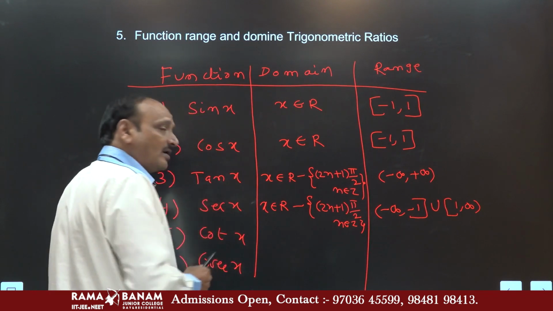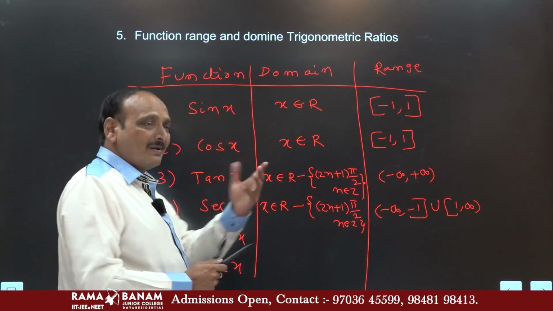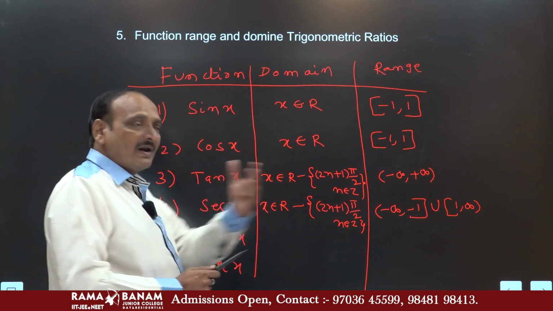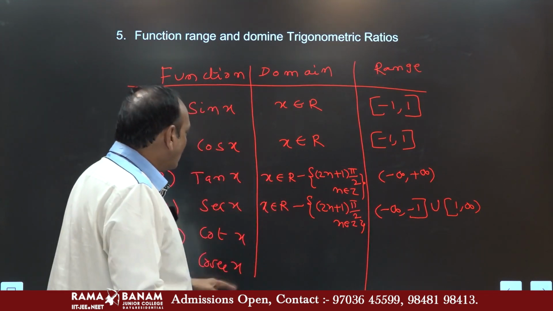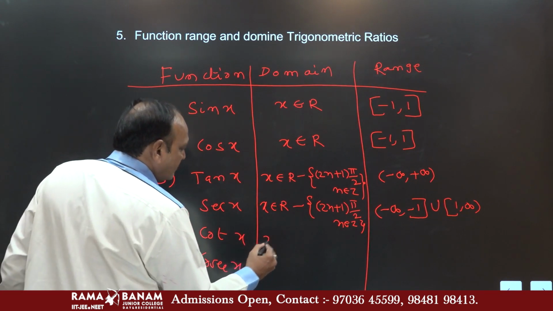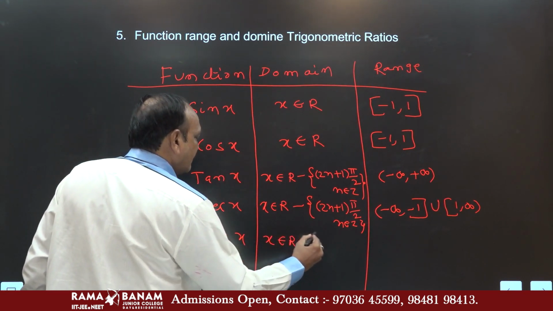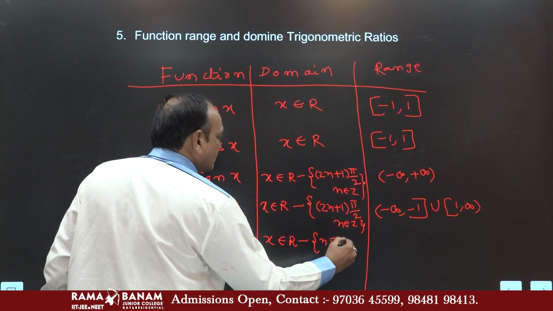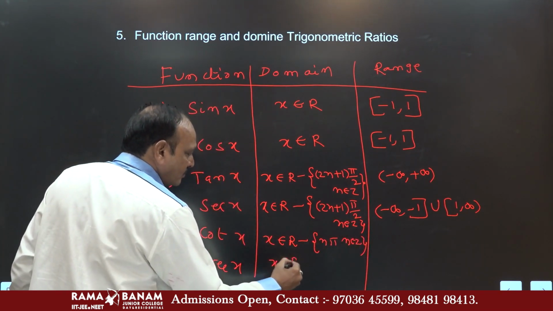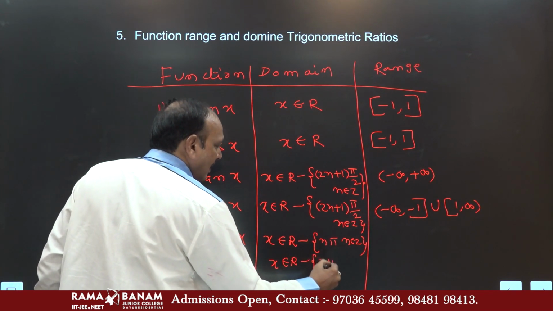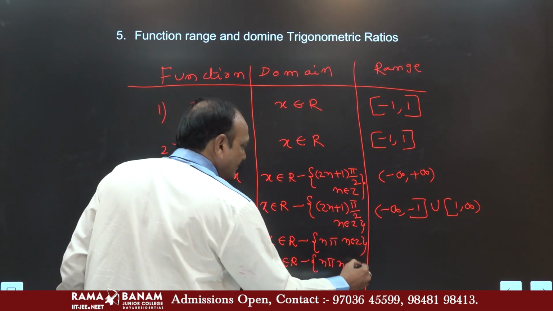Similarly, cosecant 0 is not defined because it is 1 by sine 0, and cosecant 180 and cosecant 360 were not defined, so they should have the common domain. That means x belongs to R except n pi, where n belongs to Z. And here also for cosecant x, x belongs to R except n pi, n belongs to Z.